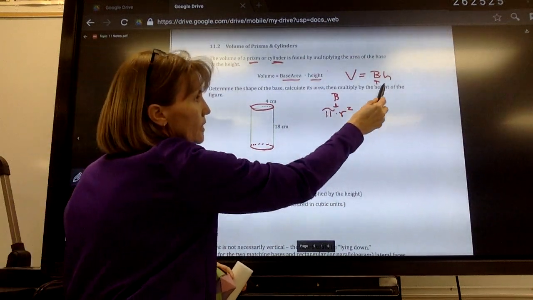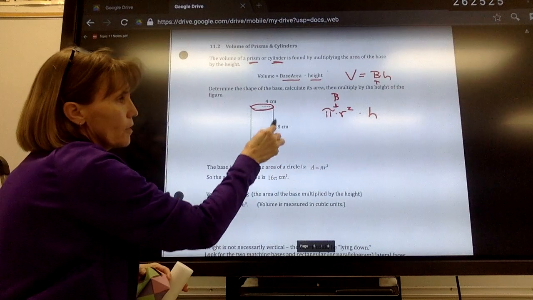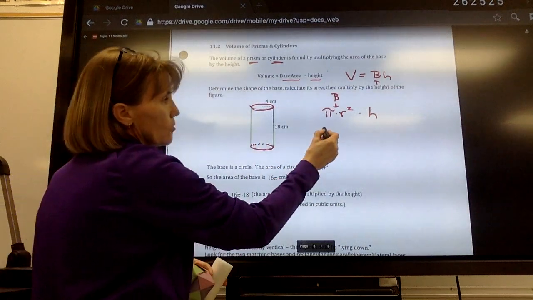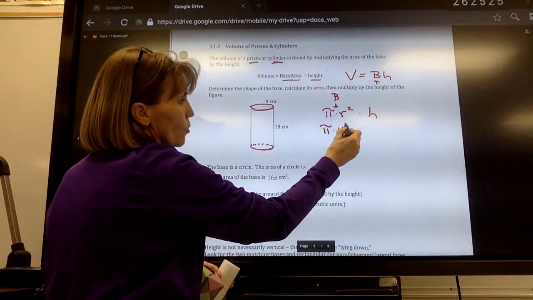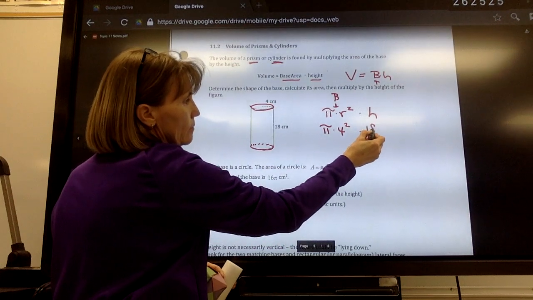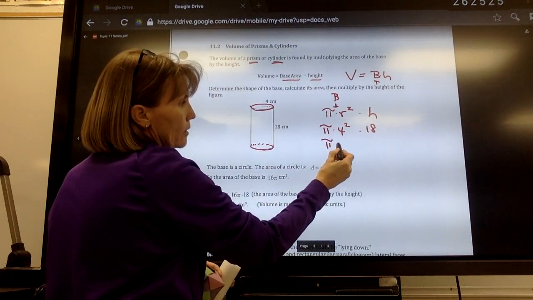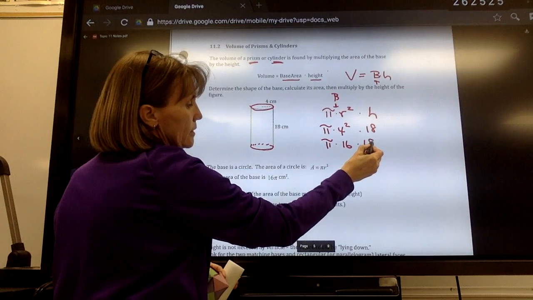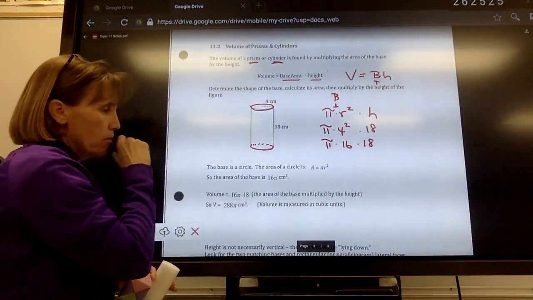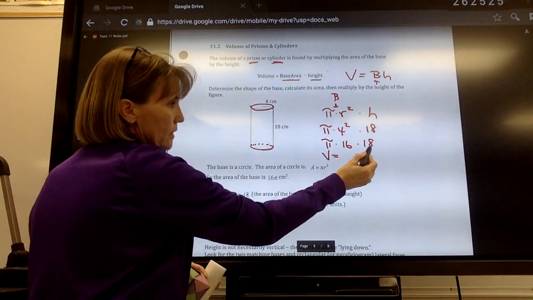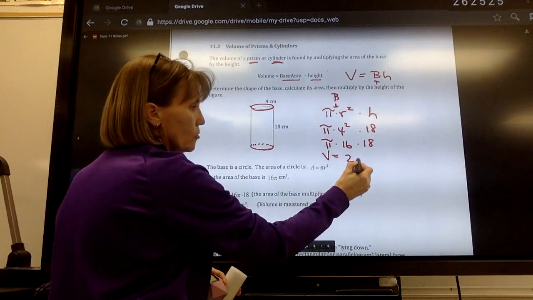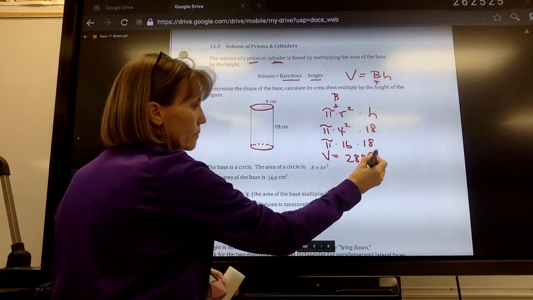And then I'm just going to take that times the height of my cylinder. So in this case, I would do pi times 4 squared times 18. Okay, pi times 16 times 18. I'm going to get a volume. If I take 16 times 18, I'm going to get 288 pi.